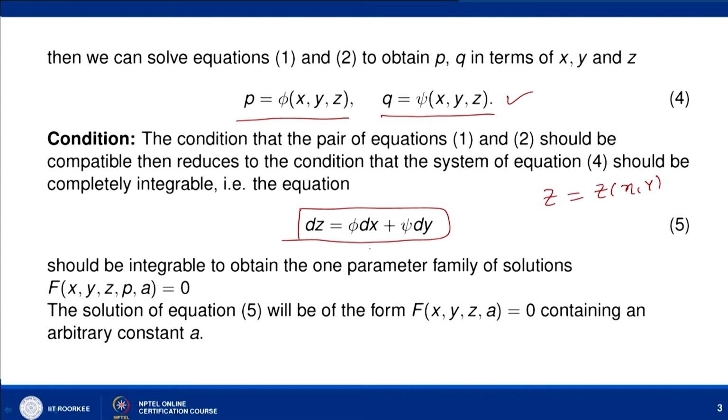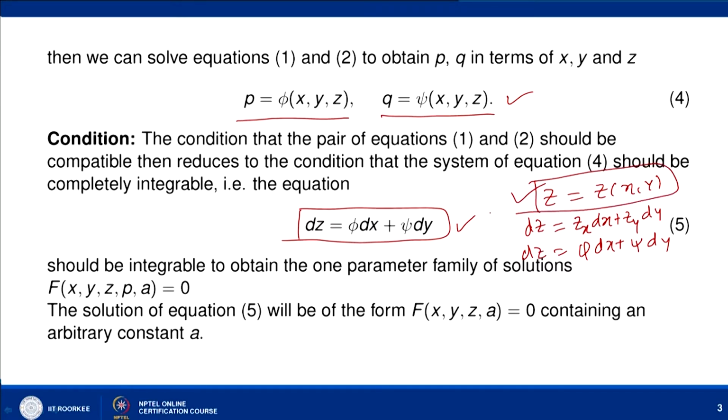This condition number 5 we can obtain from this: if z equal to z of x, y, then we can write dz as z_x dx plus z_y dy, where z_x is denoted as p, which is given here. So, we can write phi dx plus psi dy. If we can integrate, then we can obtain our integral surface like z equal to z of x, y.